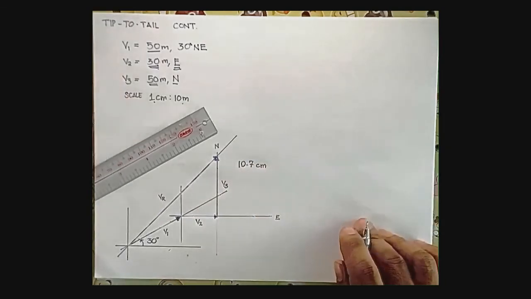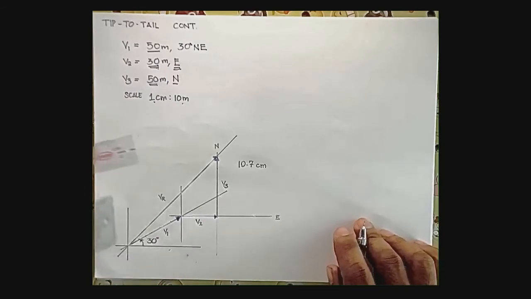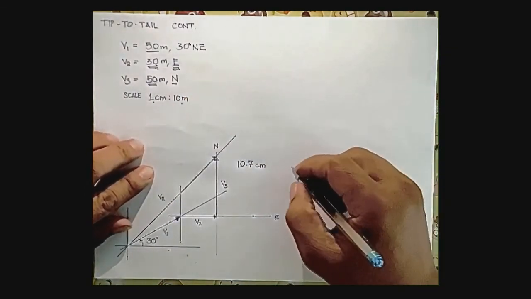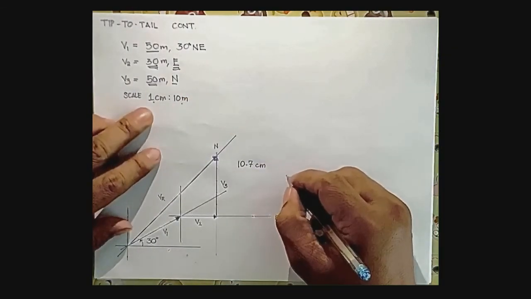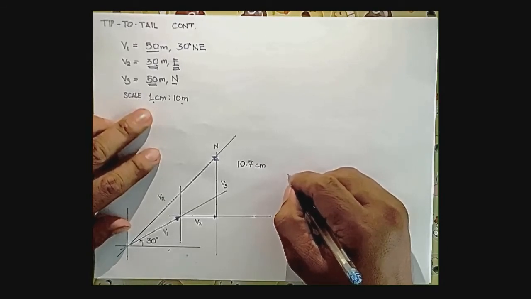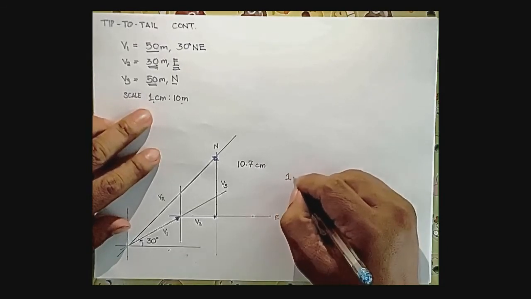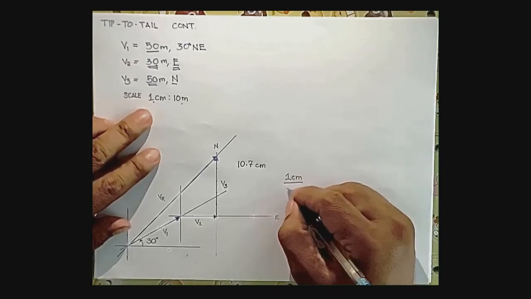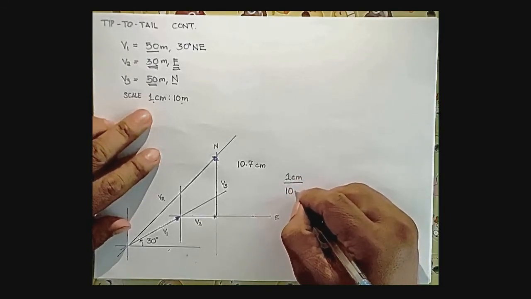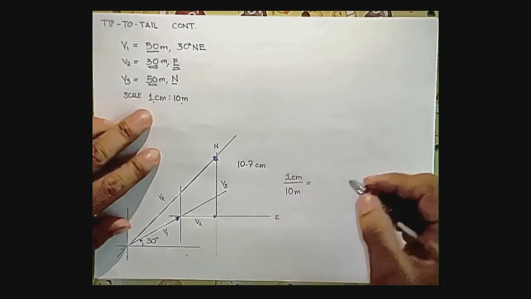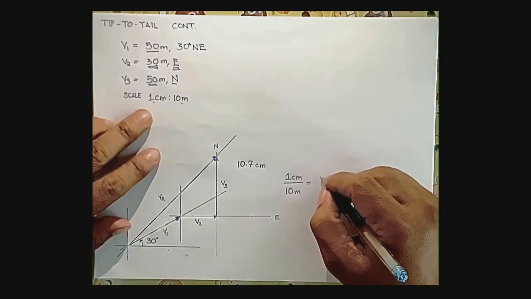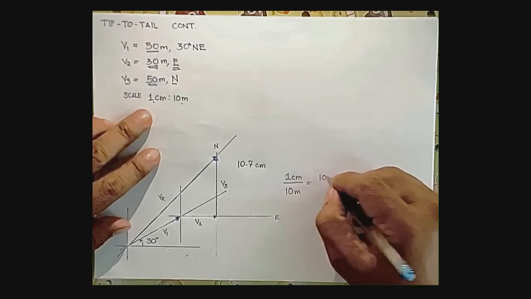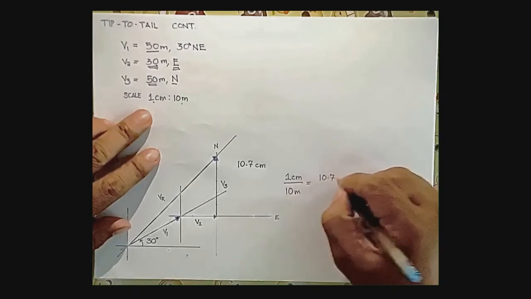Right, that's it. So remember, our scaling is 1 centimeter is equal to 10 meters. So that is also equal to 1 centimeter in every 10 meters, and the measurement is 10.7 centimeters in our ruler.